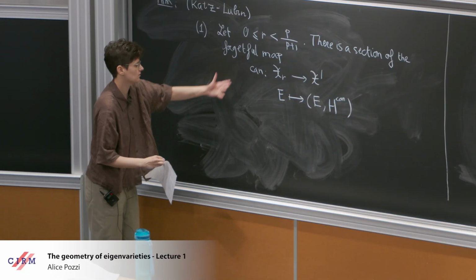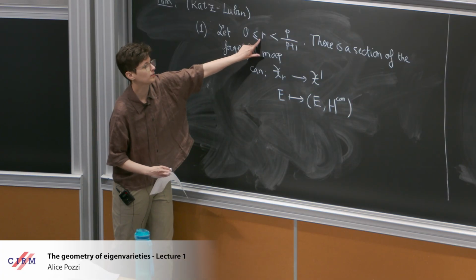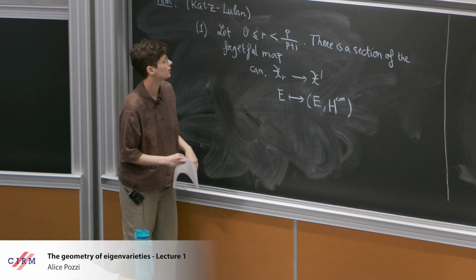You can take this as a definition of what the canonical subgroup is, and this can only be done for r not too big.